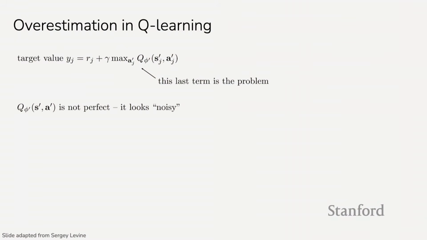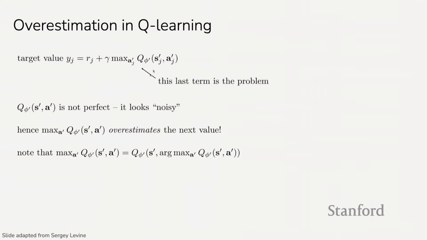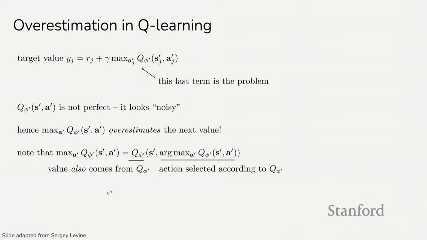The Q function isn't perfect, it has some noise in it, as neural networks generally do, and because the action selected according to Q is the same as what's being evaluated, you can really exploit that noise and choose actions that have higher value than they actually do.